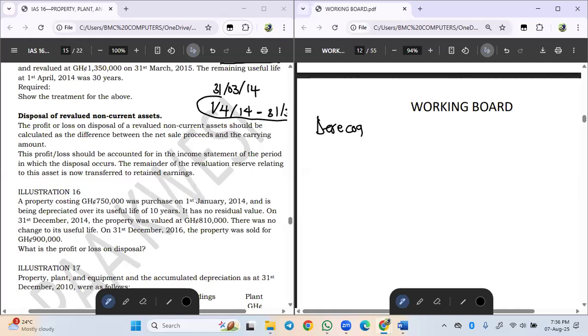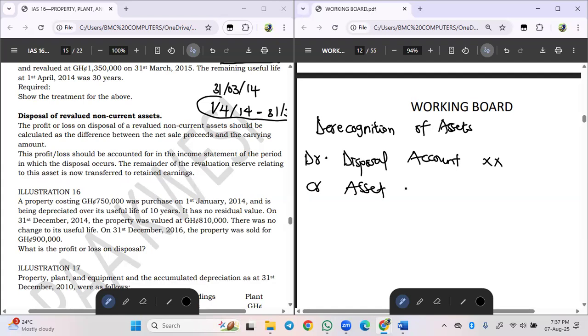So the derecognition of assets, this is the double entry. Here we have something called a disposal account. For the disposal, you debit the receiver, credit the giver. So here you debit the disposal account, then you credit the assets account.